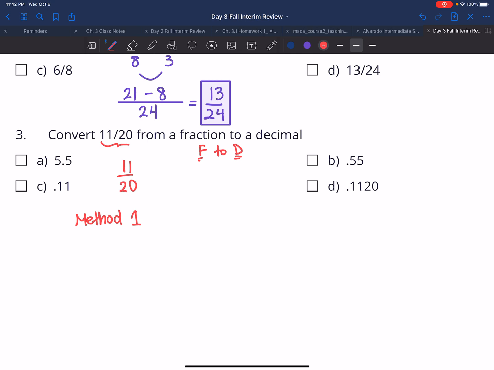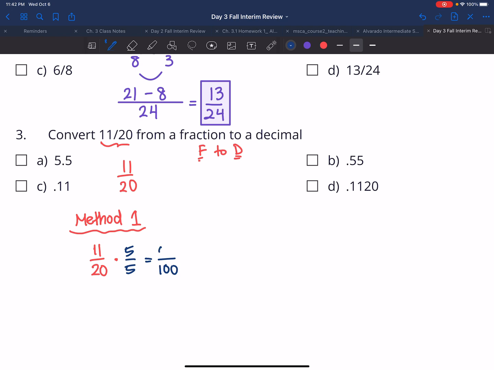Method 1 is I write 11/20. If I take my denominator to be 100, sometimes 20 times something is 100. 20 times 5 is 100. So I multiply that by 5.